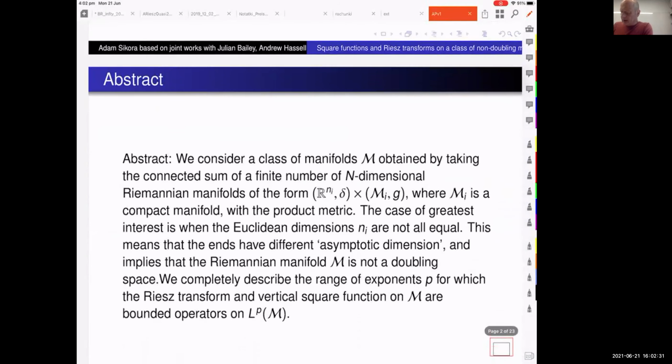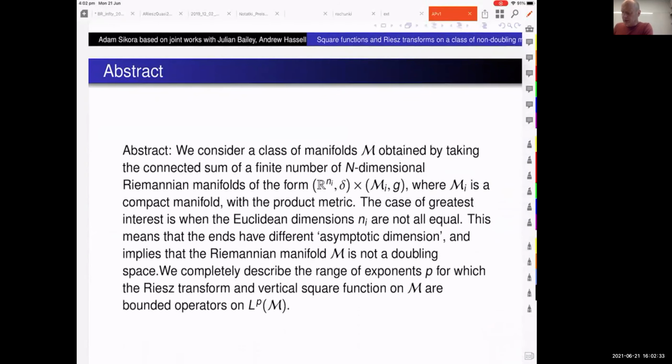So we consider a class of manifolds obtained by taking the connected sum of a finite number of n-dimensional Riemannian manifolds. We have Euclidean space Rn with the standard Euclidean metric, and we have compact manifolds.